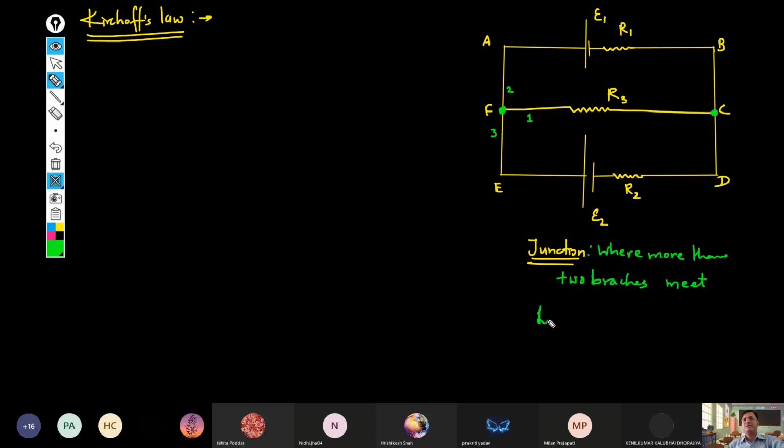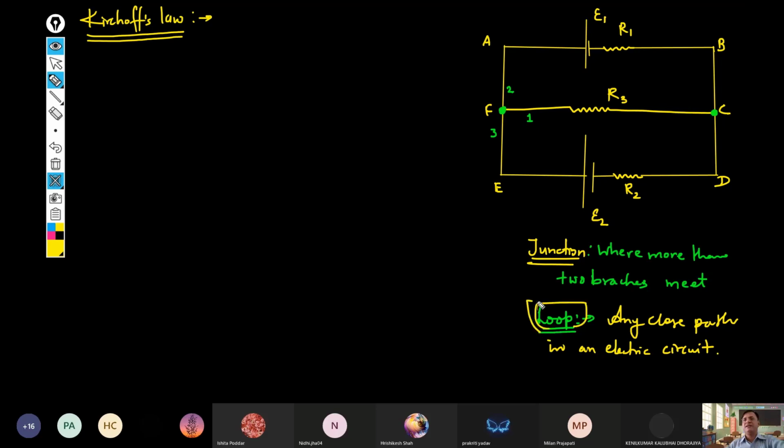Now the next thing comes, that is the loop. Now what is a loop? Any closed path along or inside a circuit, any closed path in an electric circuit, that is known as a loop.